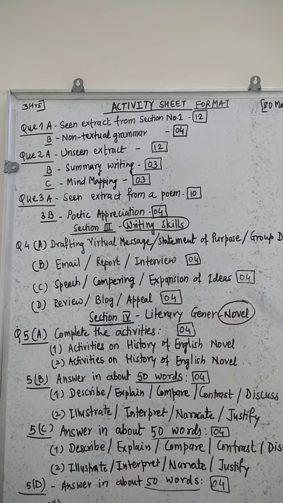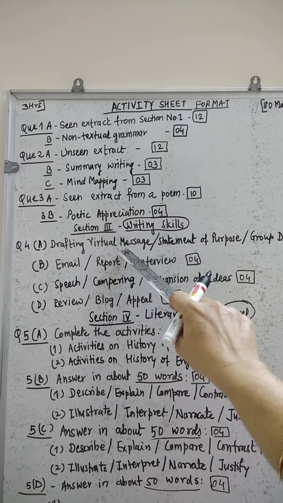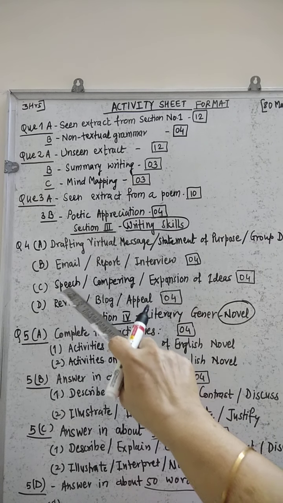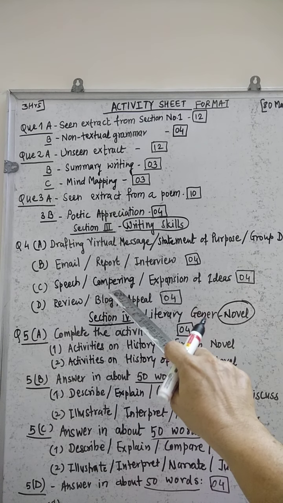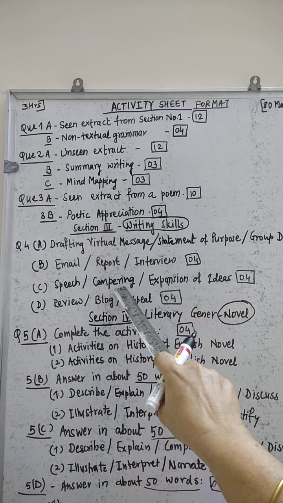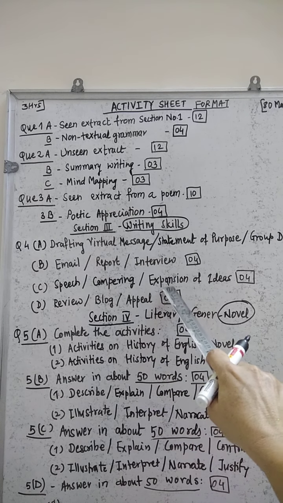All these forms are different from each other. As we will be dealing with them separately, you will be noting down the way a report is different from an interview, or preparing a speech and preparing a script for compering. How are they different from each other? We will be practicing them, no doubt.